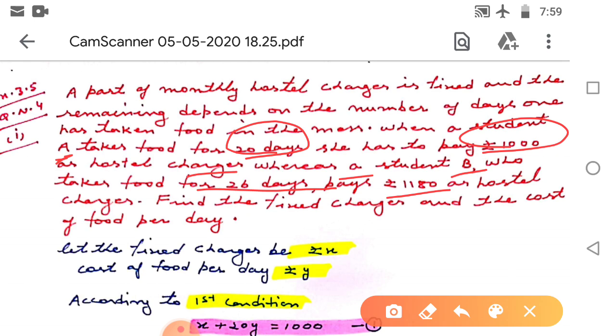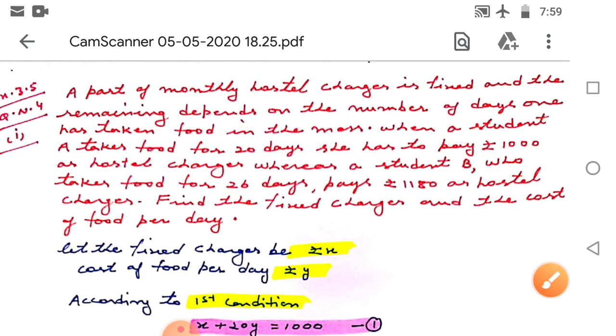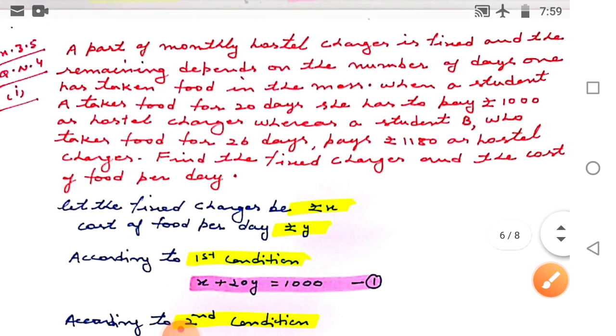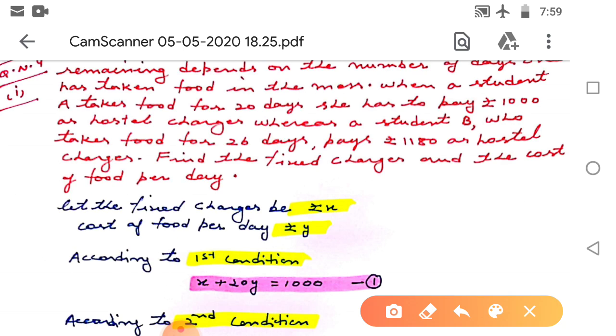Find the fixed charges and the cost of food per day. So let the fixed charges be X rupees and the cost of food per day be Y rupees. Fixed charges for the hostel are X rupees and the food per day is Y rupees.